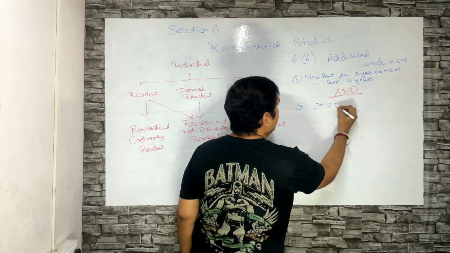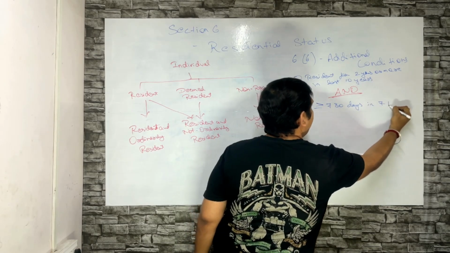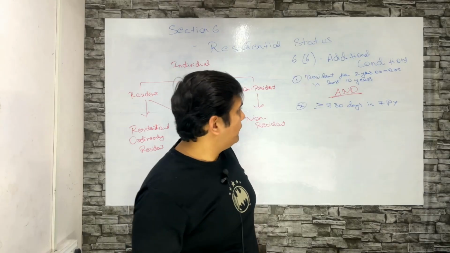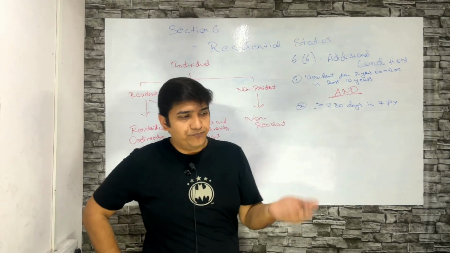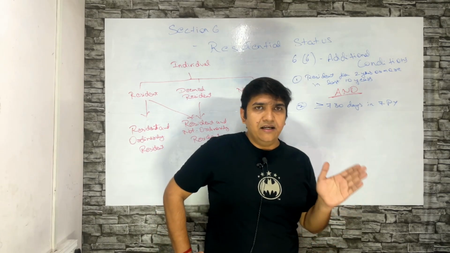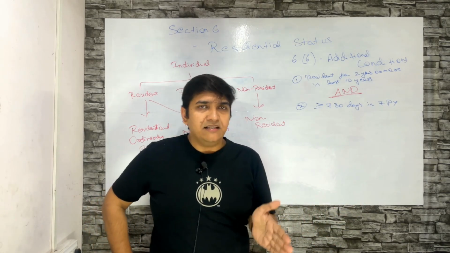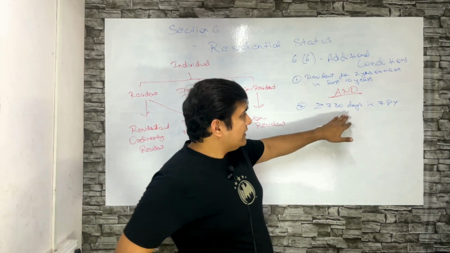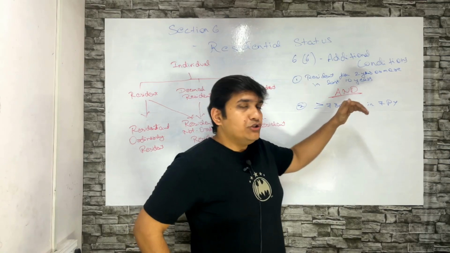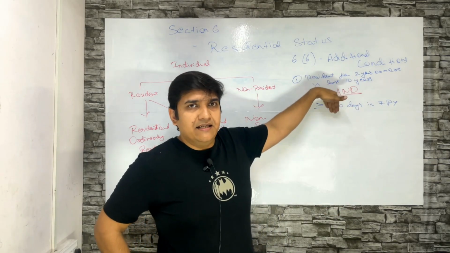Second is more than or equal to 730 days in 7 previous years. So in the 7 years previous to the relevant previous year, a person should have been staying in India for 730 days or more, and that person should be resident in India for 2 years or more in the last 10 years.